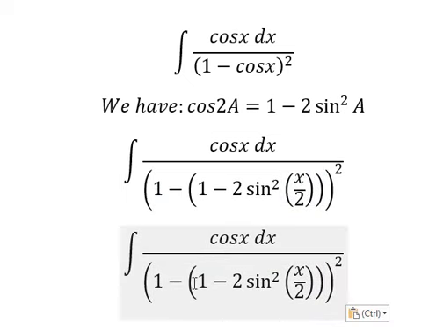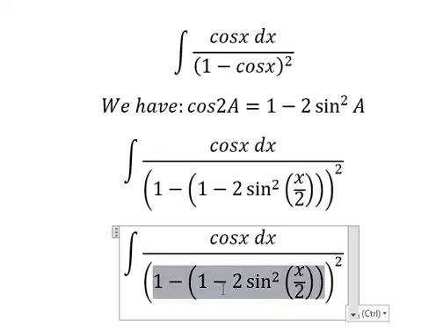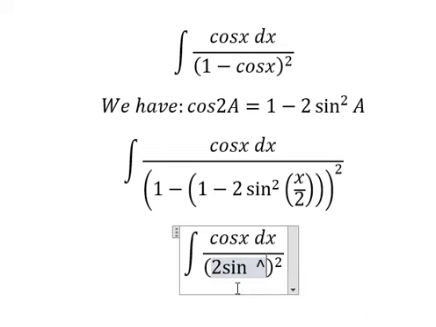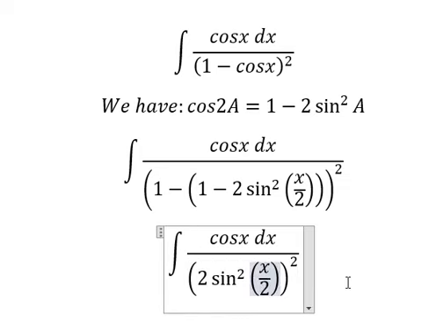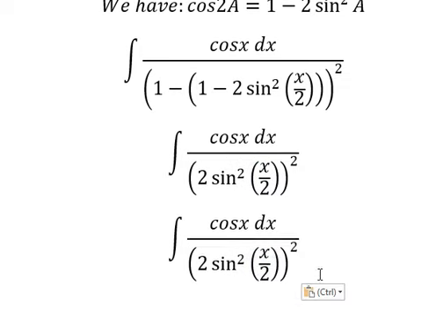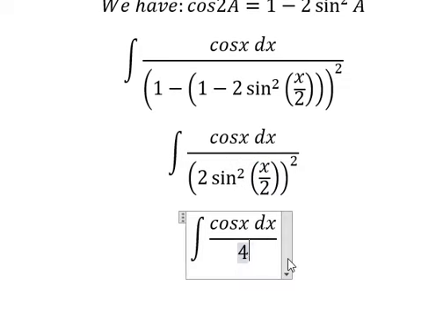So 1 minus 1, we cancel negative and negative, we have positive. This one, we have number 4 sine of s over 2 to the power of 4.